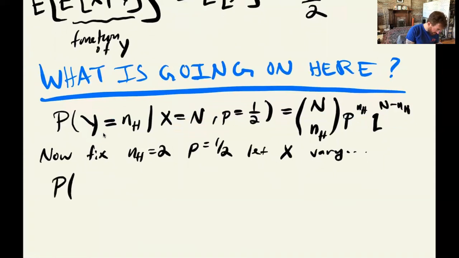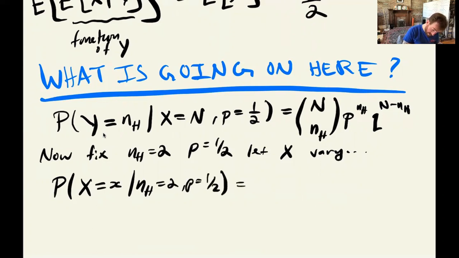So the probability that capital X equals, let's say, some value little x, we don't know, given that n sub h equals 2, p is equal to half, is going to look like, well, I need to take my binomial expression, but now plug in little x for capital N, n sub h, which we know is 2. All right, x choose 2, p squared q to the x minus 2.